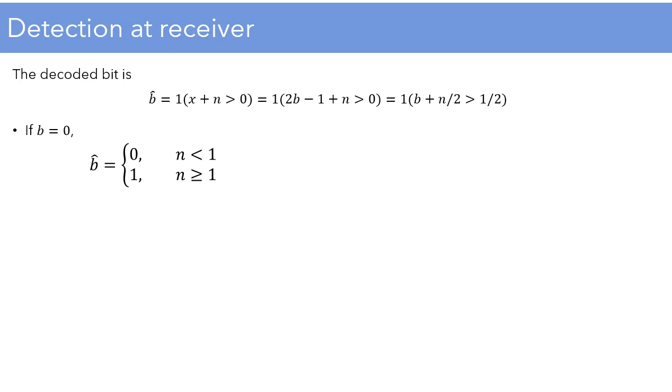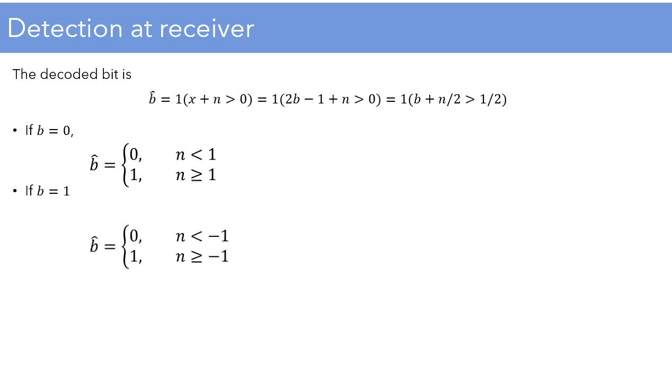So if b is equal to 0, then b plus n by 2 is n by 2. If n by 2 is greater than half, or n is greater than 1, then the decoded bit is 1. Or if n is less than 1, then the decoded bit is 0. Similarly, if b is 1, you have a different condition.